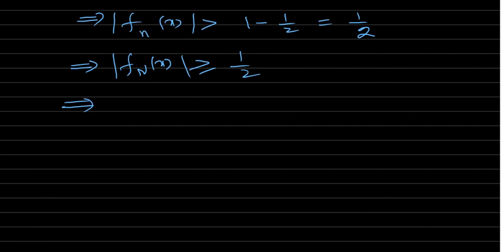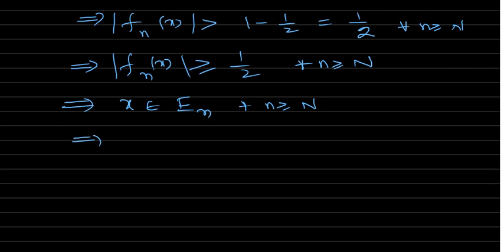But now this is greater than 1 by 2 for all n greater or equal to capital N. Okay, so this is greater or equal to 1 by 2 for all n greater or equal to capital N. So this means x belongs to E small n for all n greater or equal to capital N, it is in every one of them.